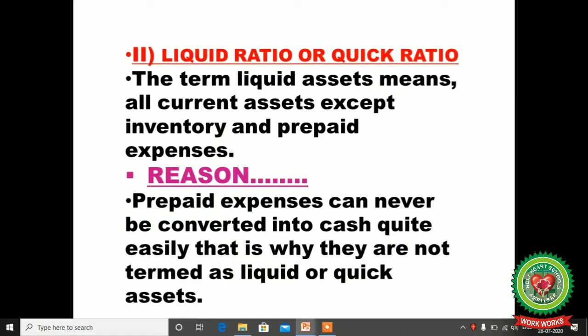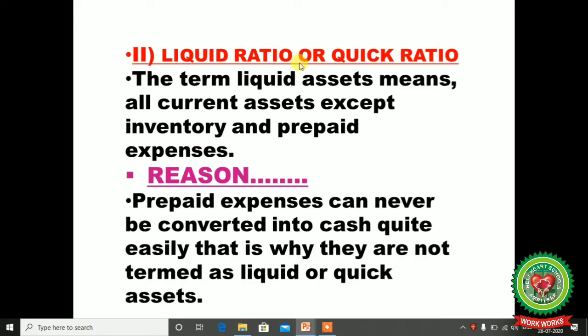Now the next part, liquid ratio or the quick ratio. The sub part of the main head liquidity ratio. You know na, our chapter is divided into 4 main heads: liquidity, solvency, activity and profitability. And under liquidity ratio, 2 ratios: current ratio and liquid ratio.